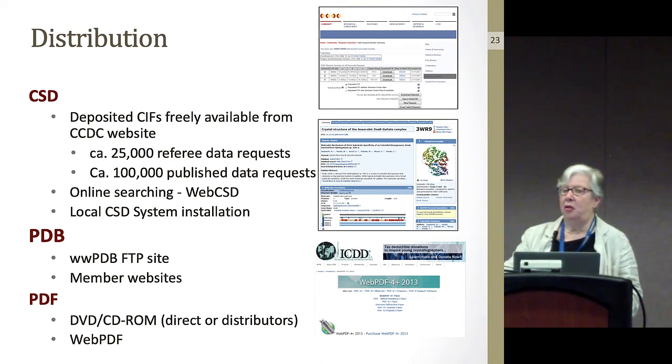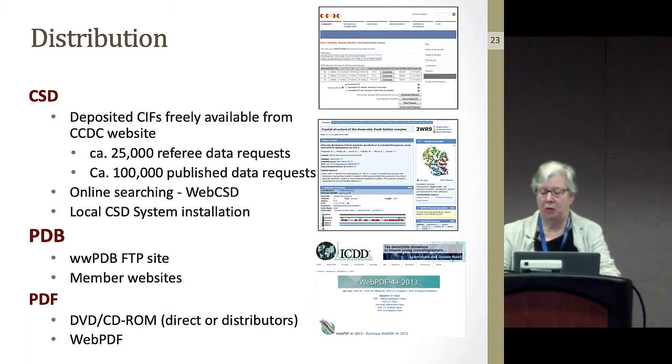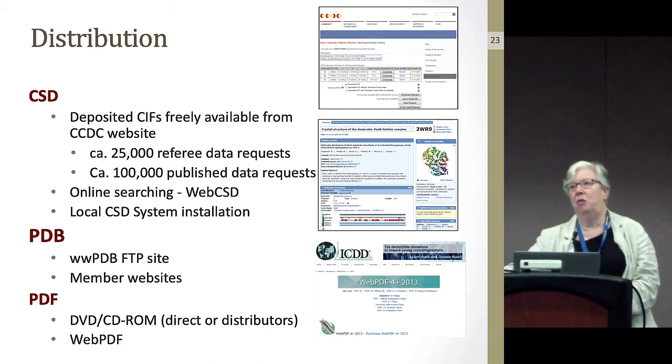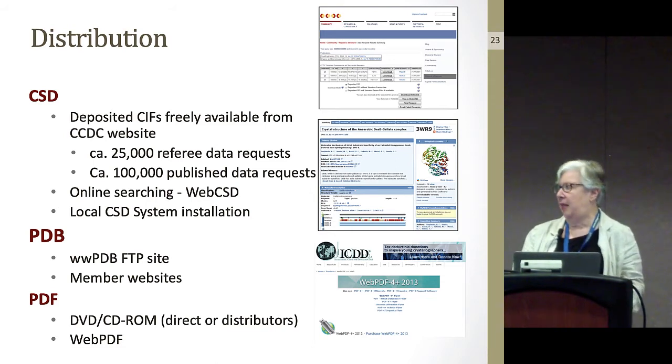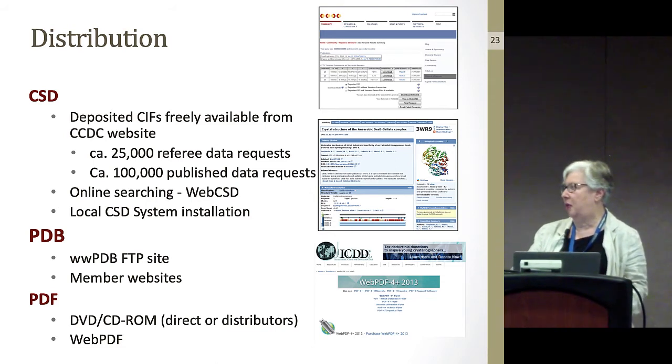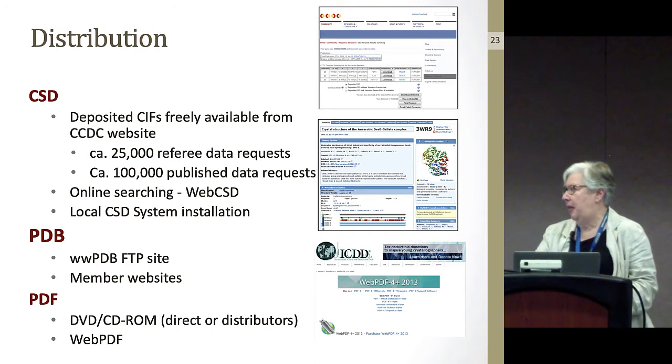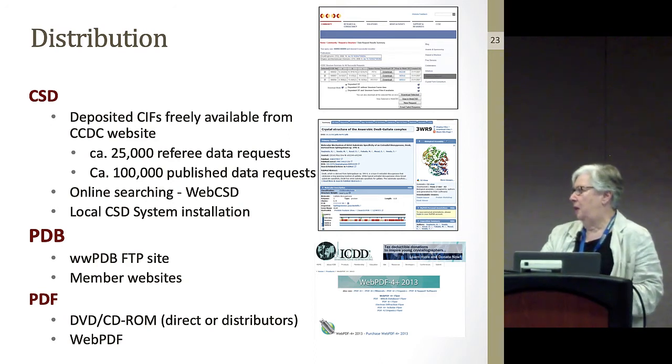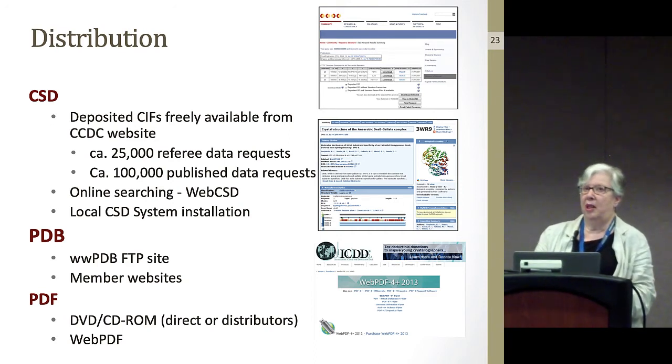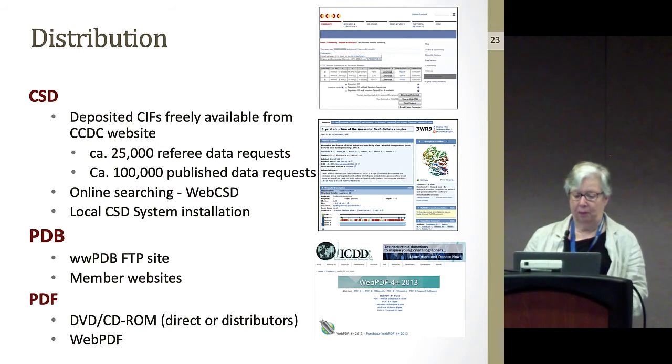And then in addition, we have websites that give different kinds of information about the structures and tell you different views of the data. And those are maintained by the different centers. The PDBj does most of its distribution via DVD and CD-ROM, and that's the way that center works.